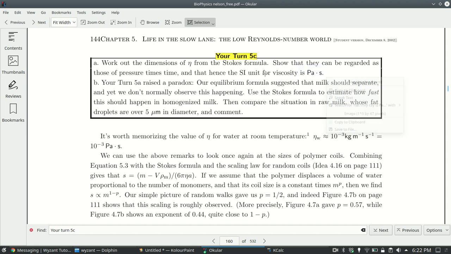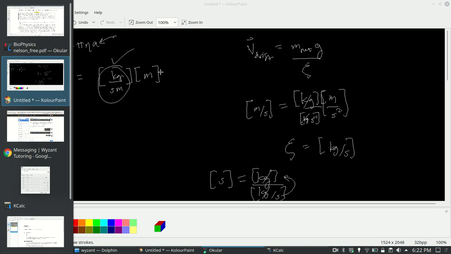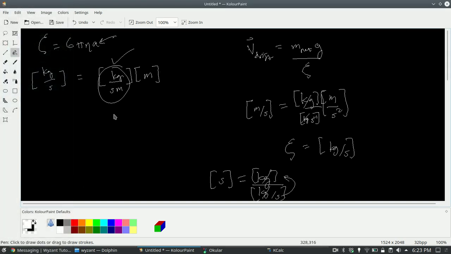Show that they can be regarded as the SI unit for viscosity. Okay, so we need to show that this is the same as pascals times seconds, viscosity. All right, so Pascal is pressure, right? And pressure comes from force over area, right?